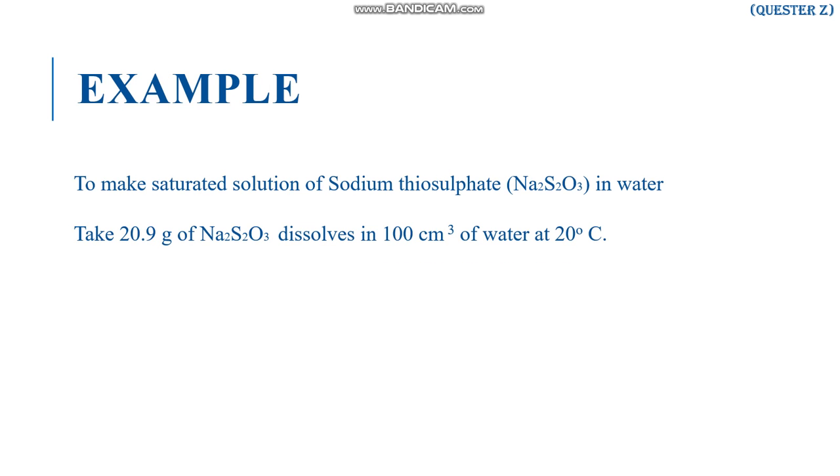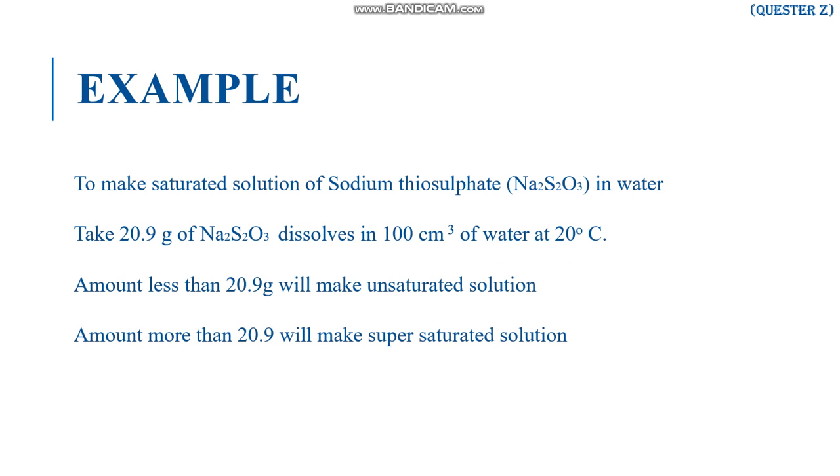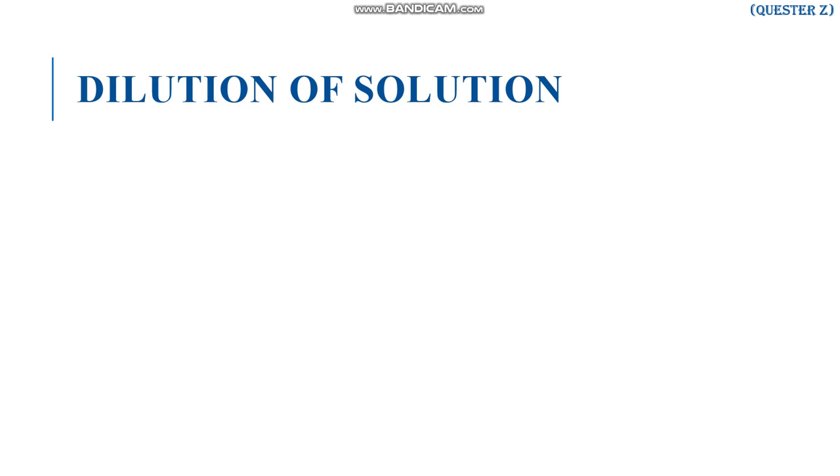If the amount is lesser than 20.9, it will become an unsaturated solution. This is the maximum capacity, and if the amount is more than 20.9, then it will become a supersaturated solution. So we can increase the amount 20.9 by simply heating that particular solution.